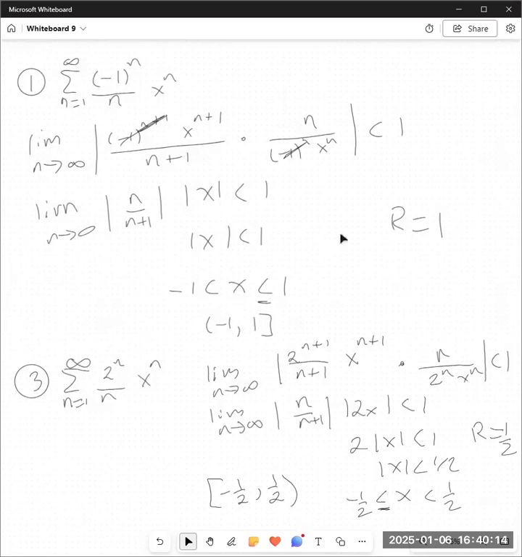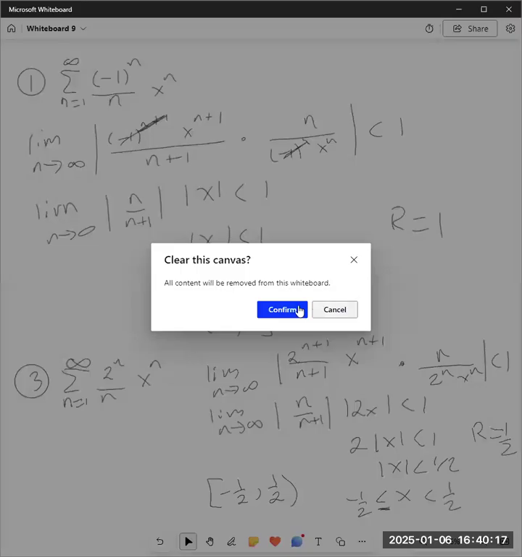Let's go ahead now and look at number 5. Number 5 says series as k equals 1 to infinity of (-1)^k over 10^k, times (x minus 5) raised to the k. So let's use the ratio test again.